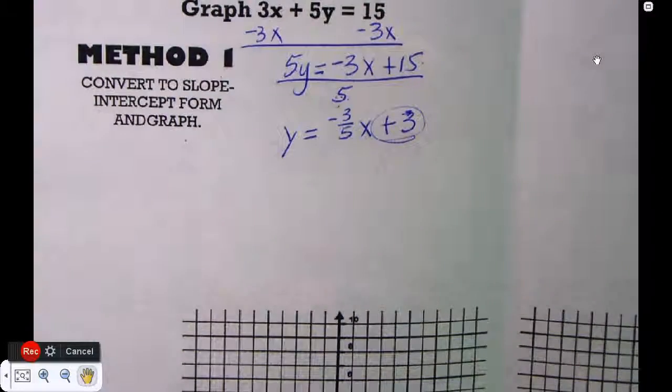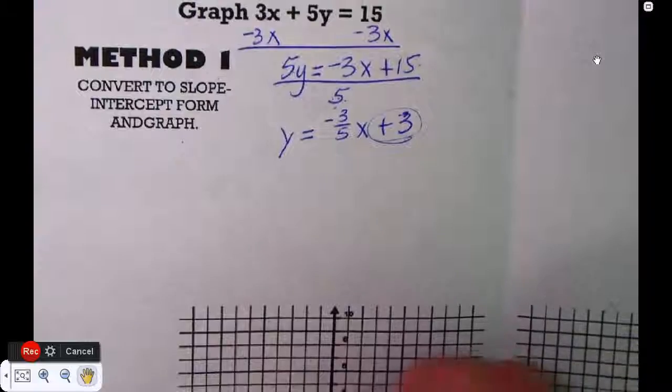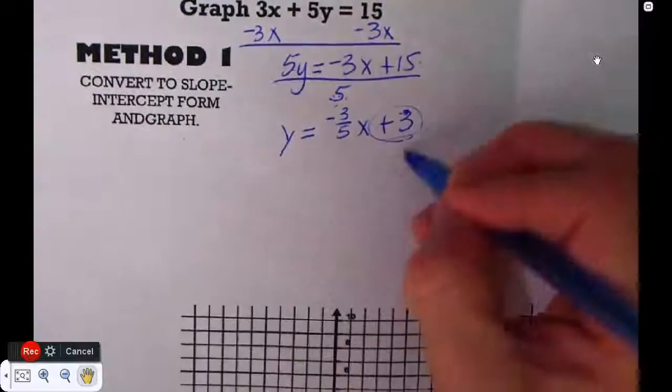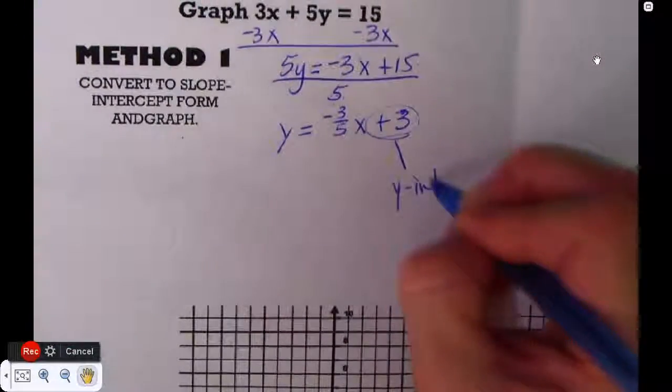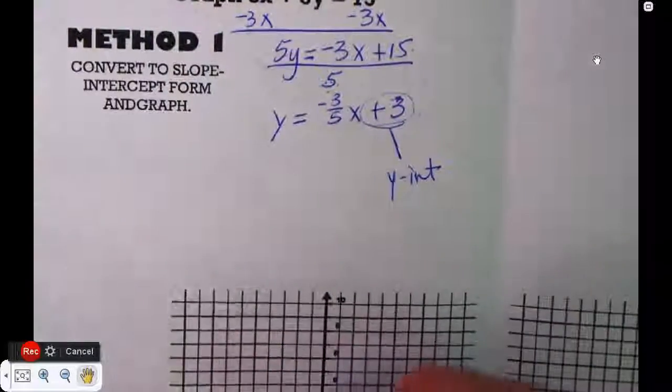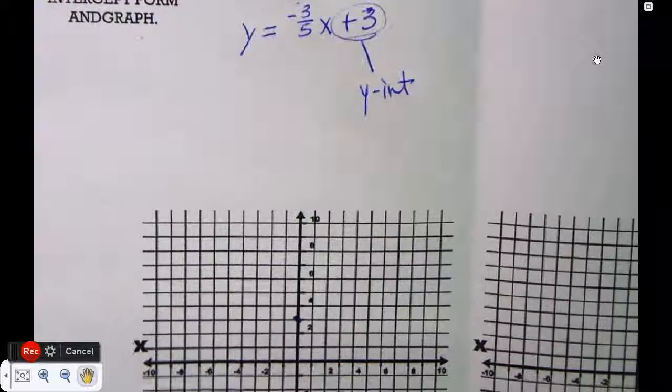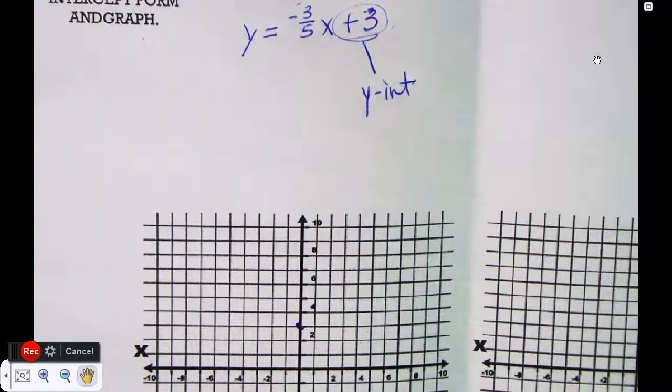So one of the points I know is (0, 3), isn't it? Because that's your y-intercept. Then you're going to tell me how to get to another point. Somebody's going to think of it.